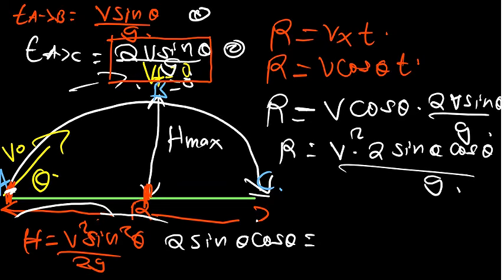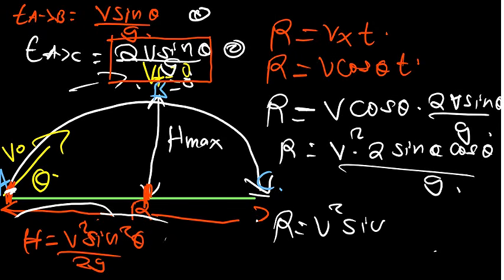Those who know, I can replace this with what? Sine 2 theta. So I'm going to replace the whole of this with sine 2 theta. Meaning, my range is going to be V squared sine 2 theta divided by g.